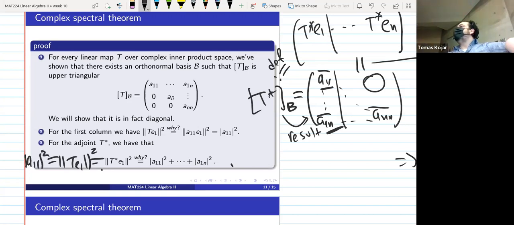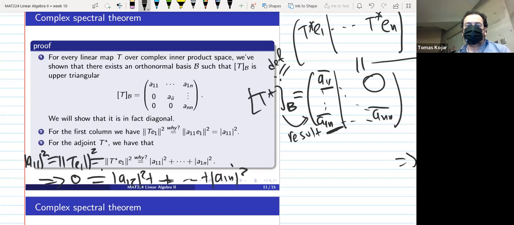Cancel out the A11. You're left with 0 is equal to A12 all the way to A1n squared, okay? This is a summation of positive numbers. So you get that they're all 0.